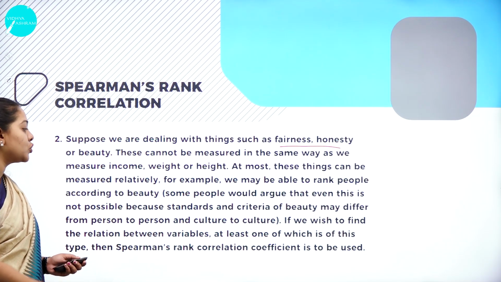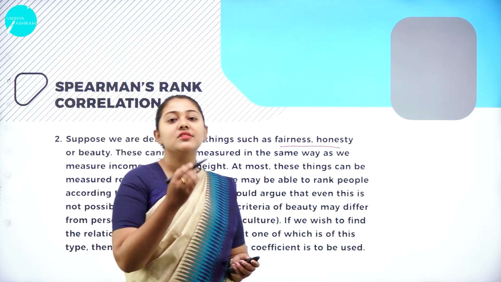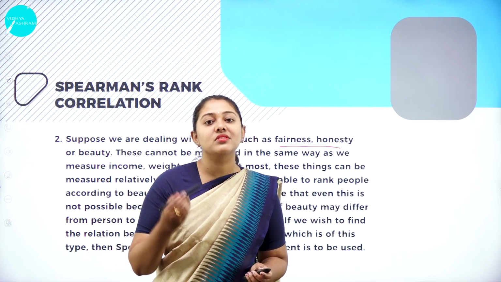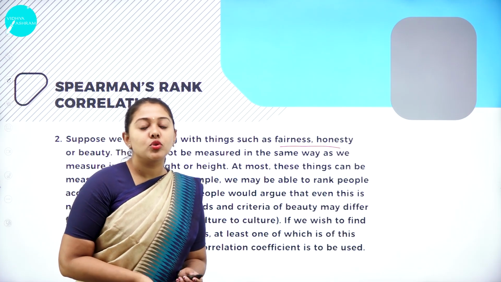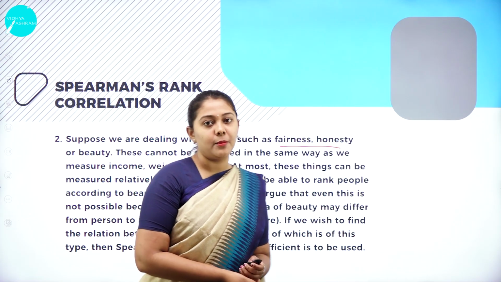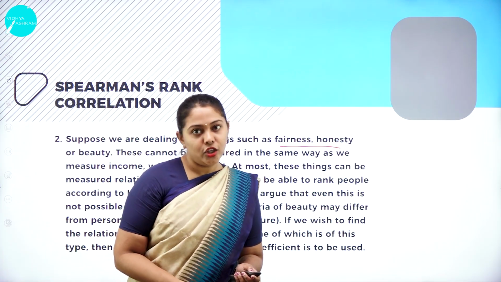So if we wish to know the relationship between two variables, such as beauty and other attributes, then we assign ranks and find out the relationship between the two variables. This is the second situation where rank will be used.